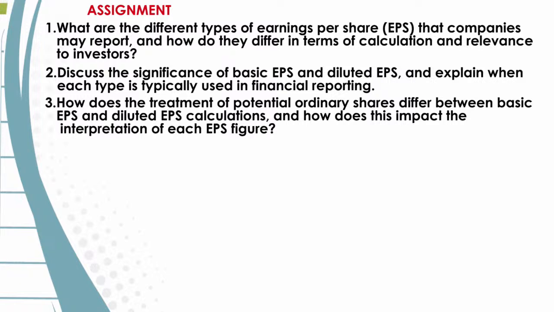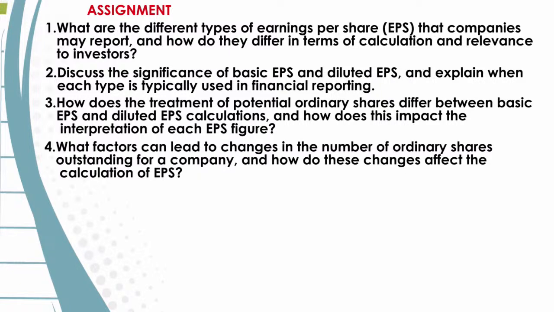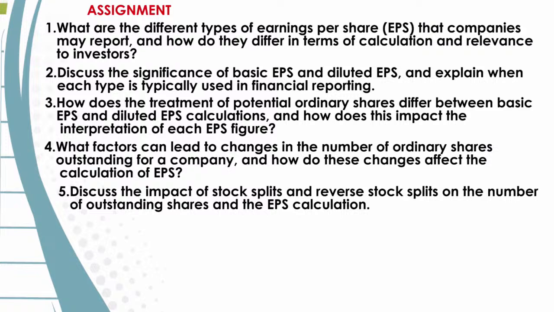The next question, number 4, what factors can lead to changes in the number of ordinary shares outstanding for a company, and how do these changes affect the calculation of EPS? The other question, discuss the impact of a stock split and reverse split on the number of outstanding shares and the EPS calculation.